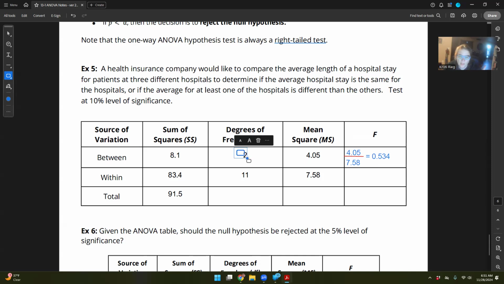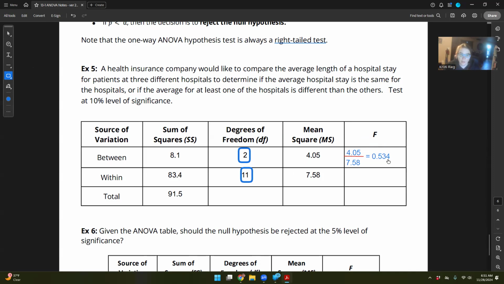So we need the degrees of freedom of the numerator, the degrees of freedom of the denominator, and then we need to not mess this up. We need F. Okay, you know where F is. So we have 2, we have 11, and we have 0.534.